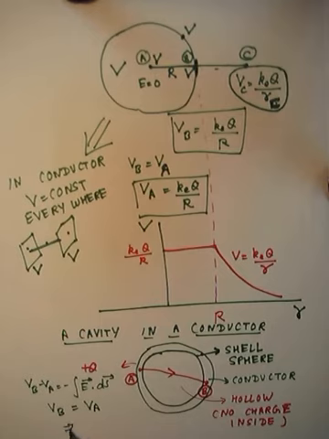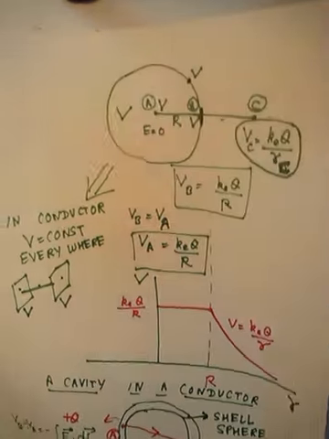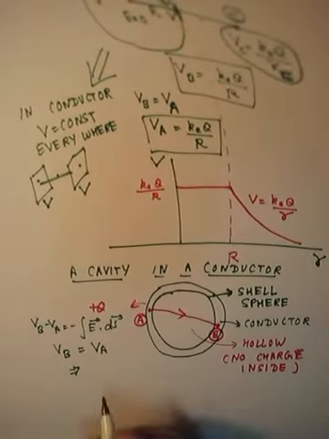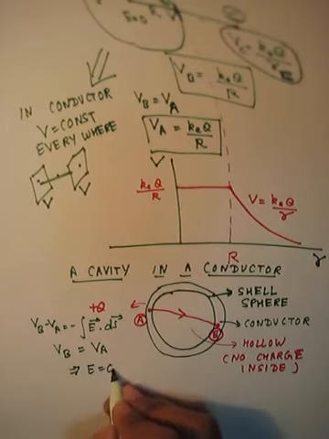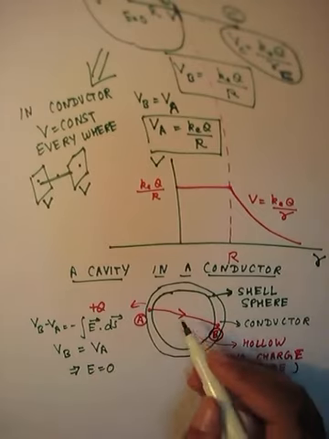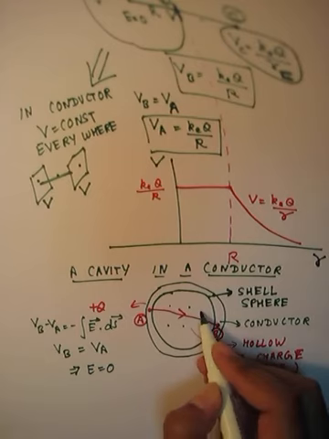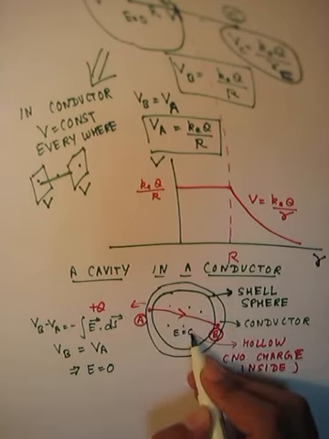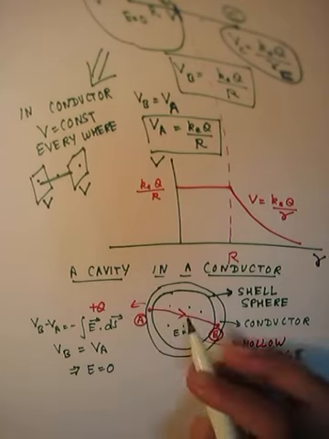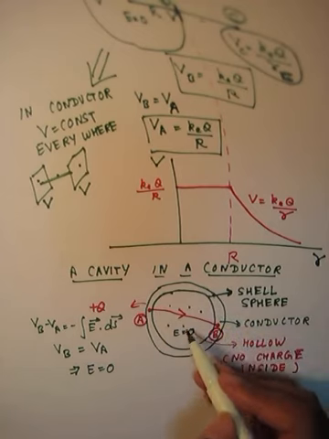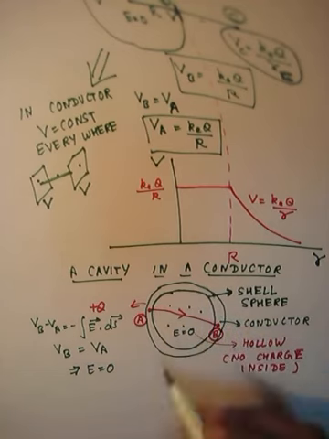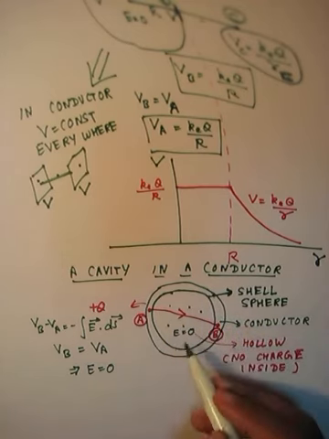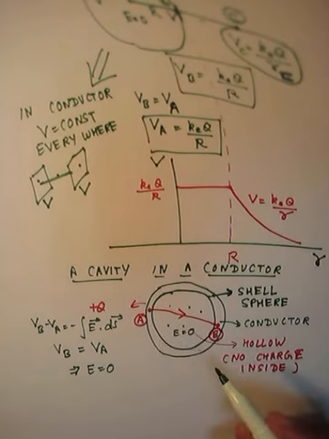So this implies that the electric field will be 0. Everywhere inside this cavity the electric field will be 0, and you might move along any other path, so inside the electric field will be 0. There is another way of looking at it, and that is by Gauss's law, like we have done in the last chapter.